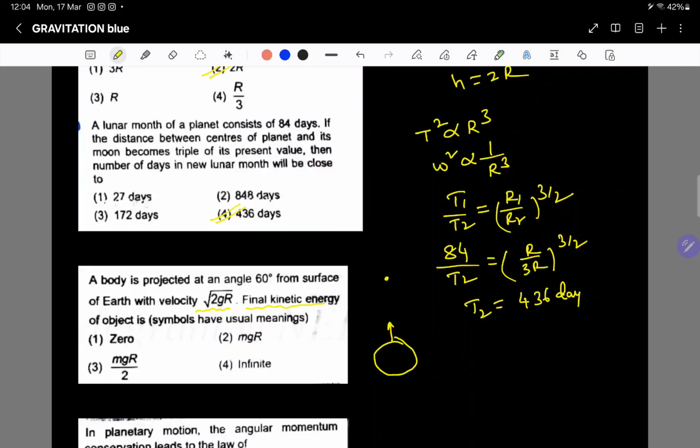It escapes from the gravitational influence of the planet, so the kinetic energy is nothing but zero. Please read carefully, students. The angle 60 degrees is given, but first, escape velocity does not depend on angle. That is the first point. If it is projected with escape velocity only, it escapes from the gravitational influence of the planet. So at that instant, the kinetic energy is nothing but zero, students.